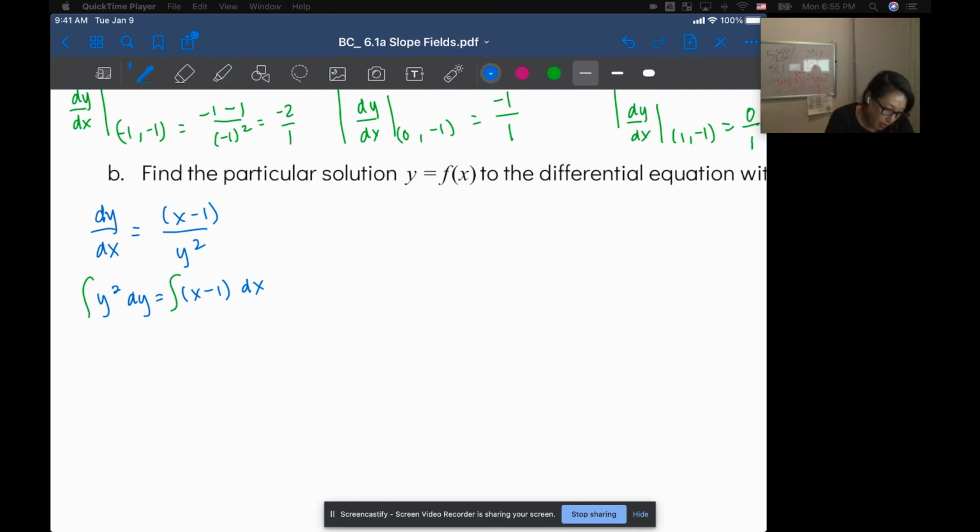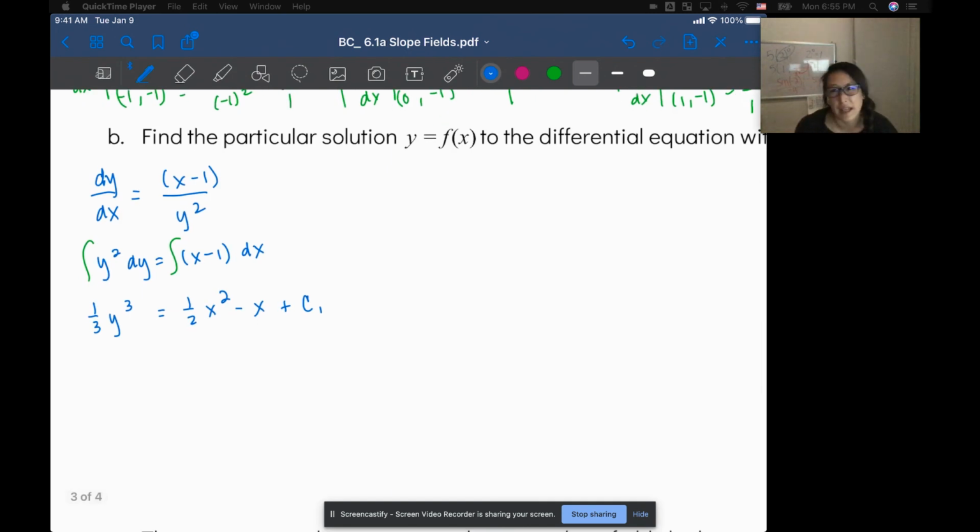We get 1/3 y cubed, just checking my work, is equal to 1/2 x squared minus x plus c1. I always just label it c1 just in case. If nothing changes, it's fine, but then at least I showed good work. All right, we're going to solve for y, multiply both sides by 3.